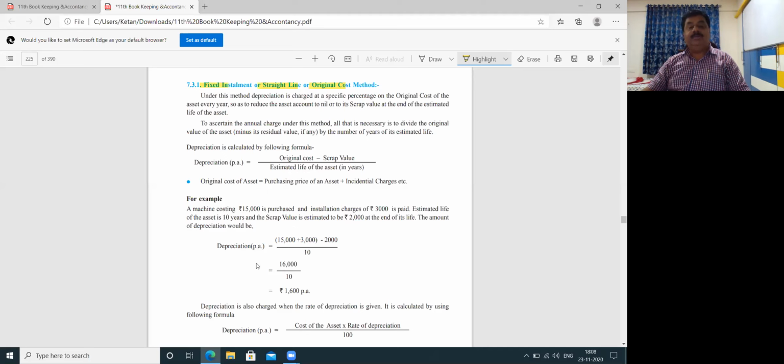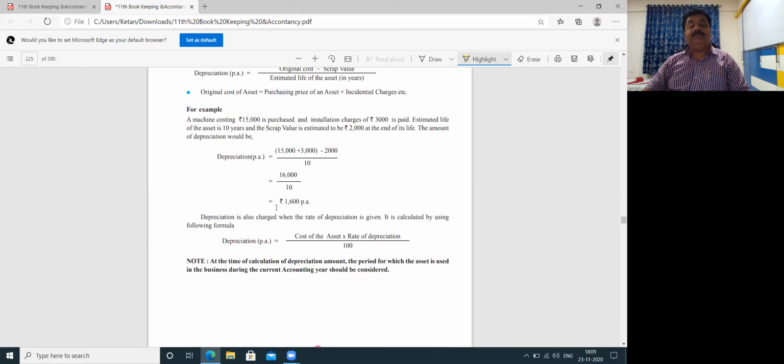Amount of depreciation would be, देखो 15,000 is original value plus 3,000 installation charges, 18,000 हो गया, minus 2,000 that is scrap value, divided by estimated life 10 years. यहाँ पे 10 years चाहिए. Now 16,000 upon 10, the depreciation per annum is 1,600.